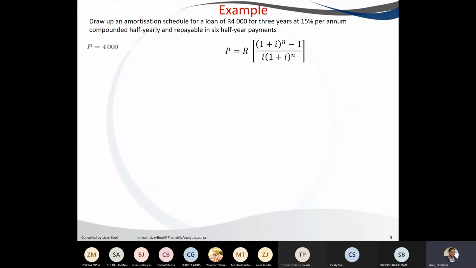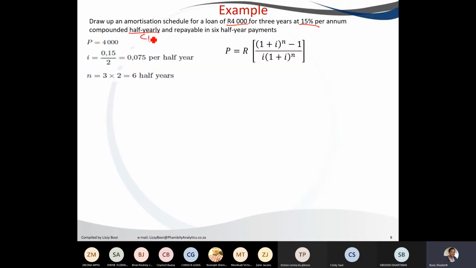So we state what we are given. Our present value is 4,000, our interest is 15%. Since we calculate it manually, not for those who are using the financial calculator, those who are calculating using the formula manually, we divide 15% by 100, 0.15. We divide it by the compounding periods and we get 0.075.